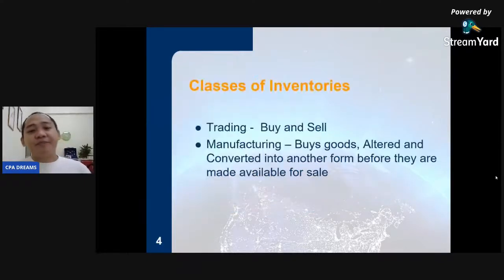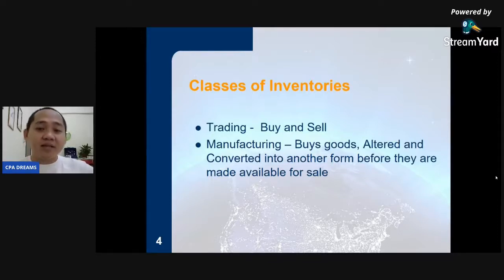Now, these are the classes of inventories from the definition. Trading is buy and sell. Manufacturing buys goods, altered and converted into another form before they are made available for sale. It means you went through a manufacturing process.